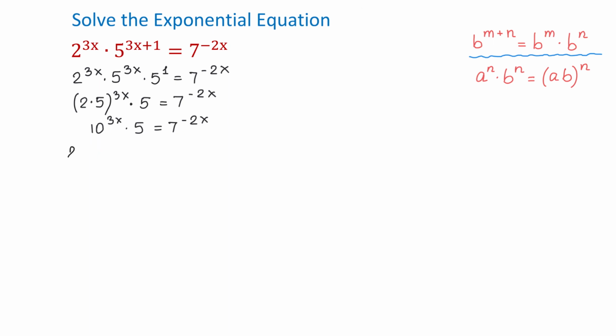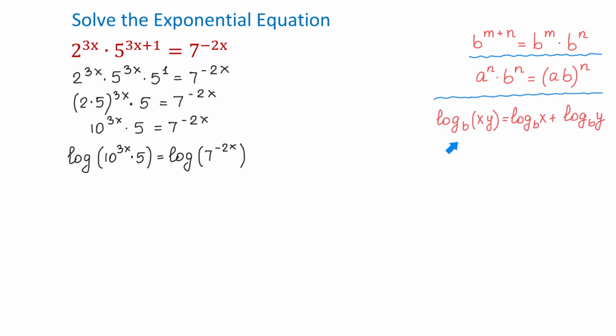Then we will have log of 10^(3x) times 5 equals log of 7^(-2x). Now on the left side, we will use the product rule for logarithms.